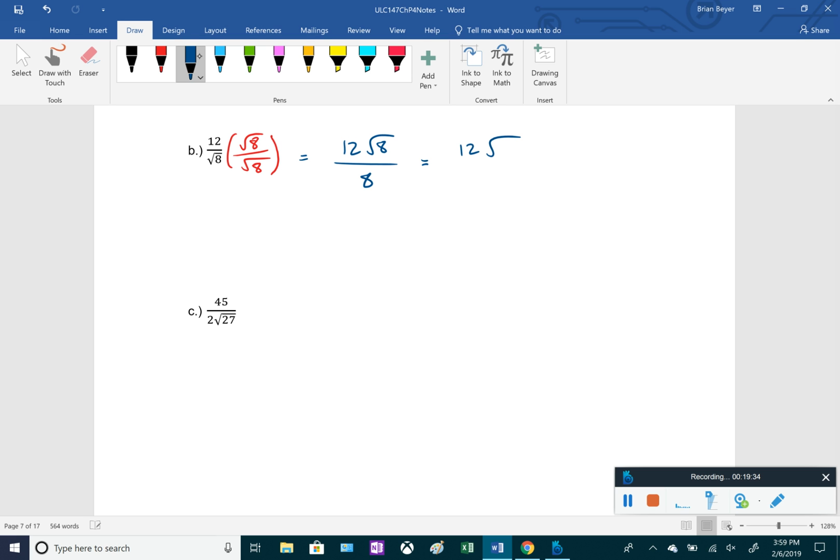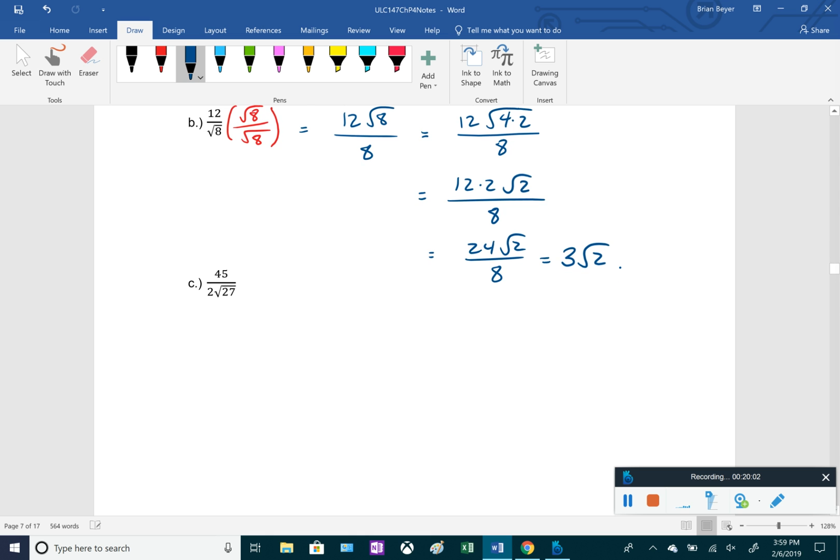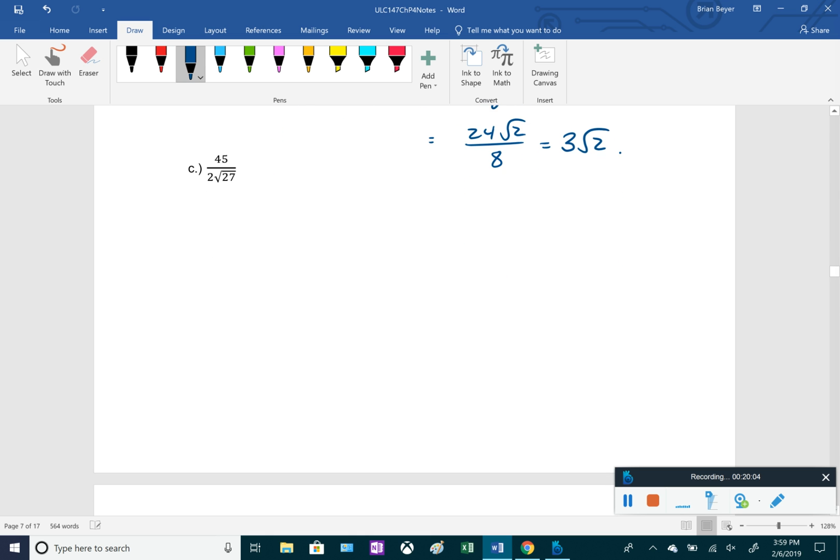I'm going to make it radical 4 times 2. And now I'm going to make this 12 times 2 radical 2. So I just did the radical 4 in one step and made it 2. So this is 24 radical 2 over 8. 24 divided by 8 is 3, so this is 3 radical 2. So a little bit more simplifying going on, but still not bad.